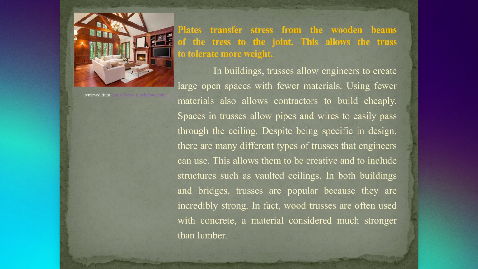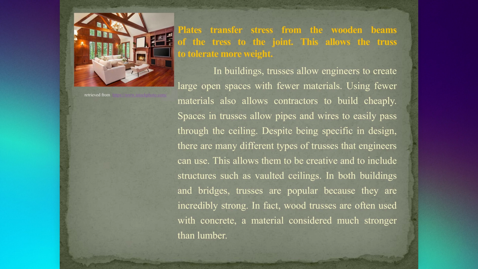In buildings, trusses allow engineers to create large open spaces with fewer materials. Using fewer materials also allows contractors to build cheaply. Spaces in trusses allow pipes and wires to easily pass through the ceiling. Despite being specific in design, there are many different types of trusses that engineers can use.